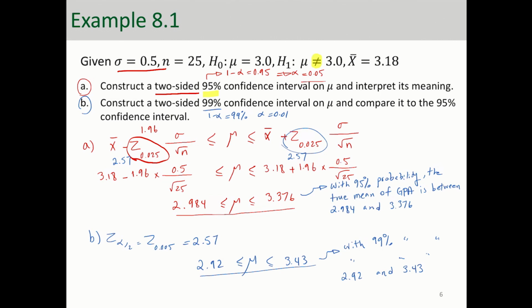So if you're increasing the probability, you are going to have a wider confidence interval. On the face of it this is counterintuitive, but when you think about it, it makes sense. As you increase the confidence level, the confidence interval is going to get wider. And we'll talk about that more.